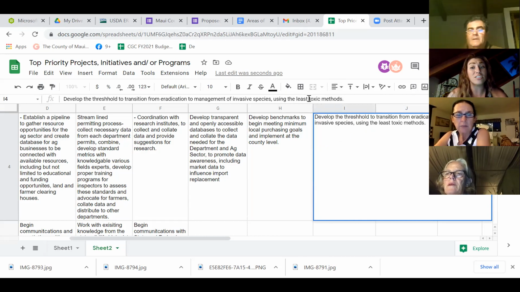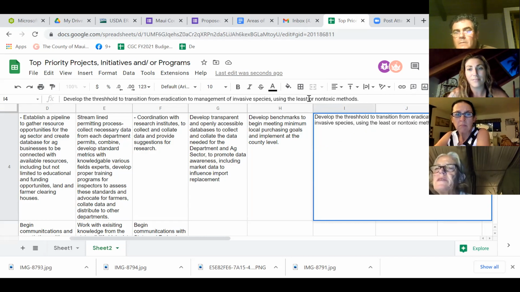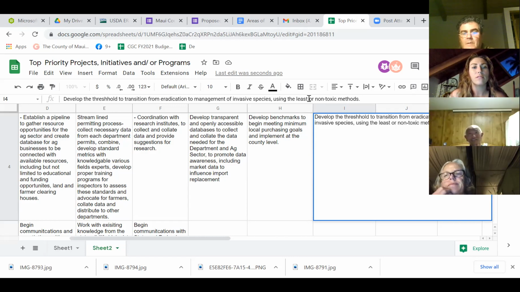Maybe the word effective, or non-toxic? Well, sometimes you do need to use the heavy stuff, but other things would be tried first. William, you had something? Environmentally friendly, but effective. I mean, they're doing stuff like for coqui frogs, I think, with coffee or lime or something?